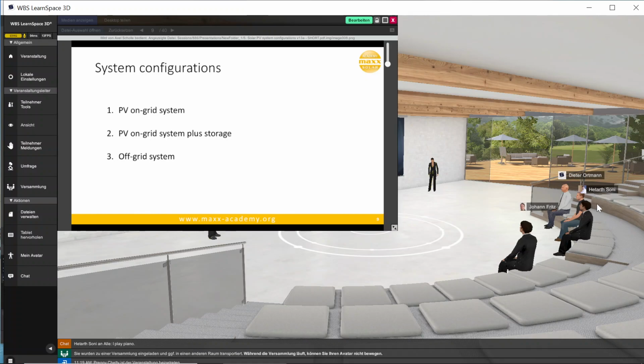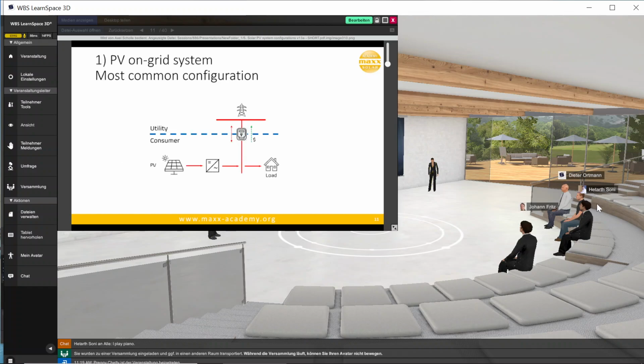So our first one, the PV on-grid configuration, is essentially, as shown here on the slide, your two key components being your solar and your solar inverter that feed power into the grid. You can see that's the border between the utility, the grid supplier, whoever is selling you energy, and then the consumer.